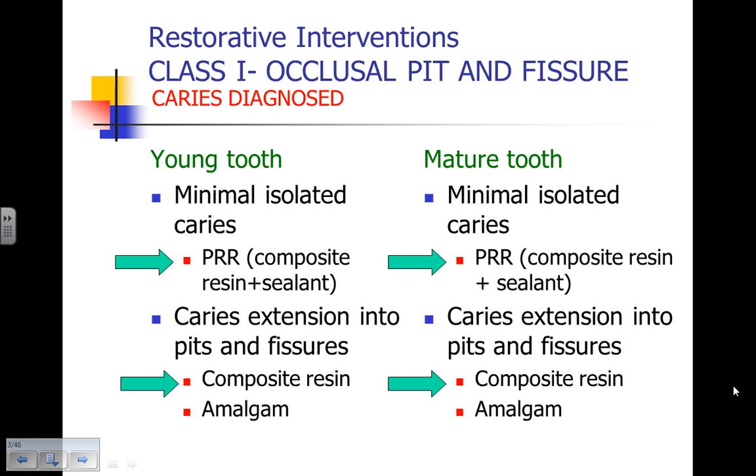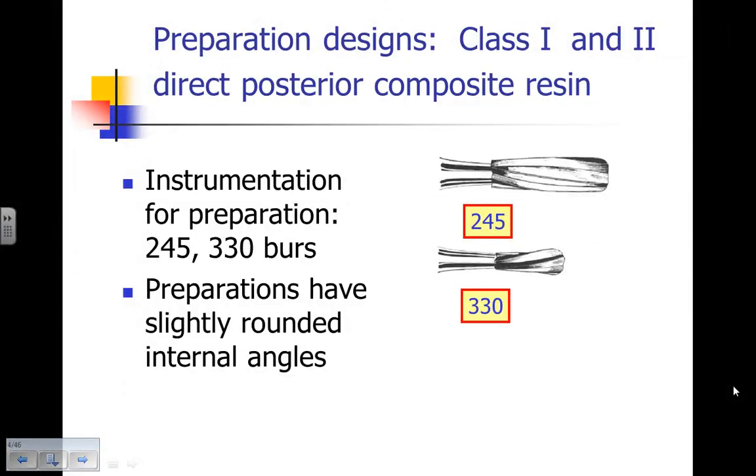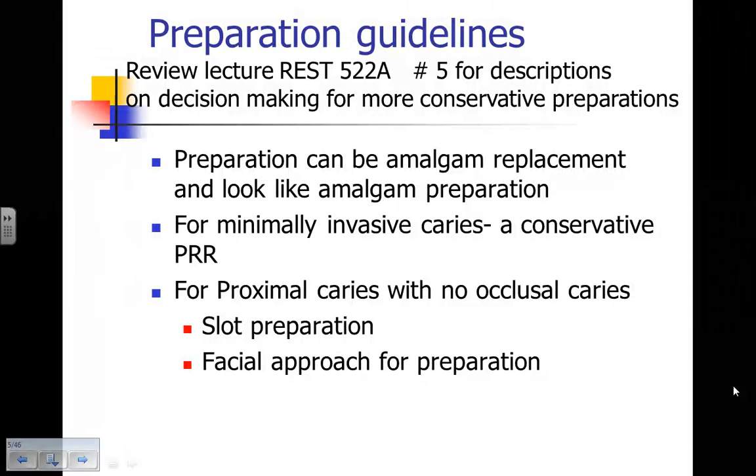As the caries becomes more extensive into pits and fissures, we consider for the occlusal both composite and amalgam. For this lecture, we'll be looking at the preparation and restoration designs for composite resin for the Class 1, generally occlusal composite resin. Our preparation design uses a 245 bur or a 330 bur for our conventional Class 1 and Class 2 direct composite posterior preparations.